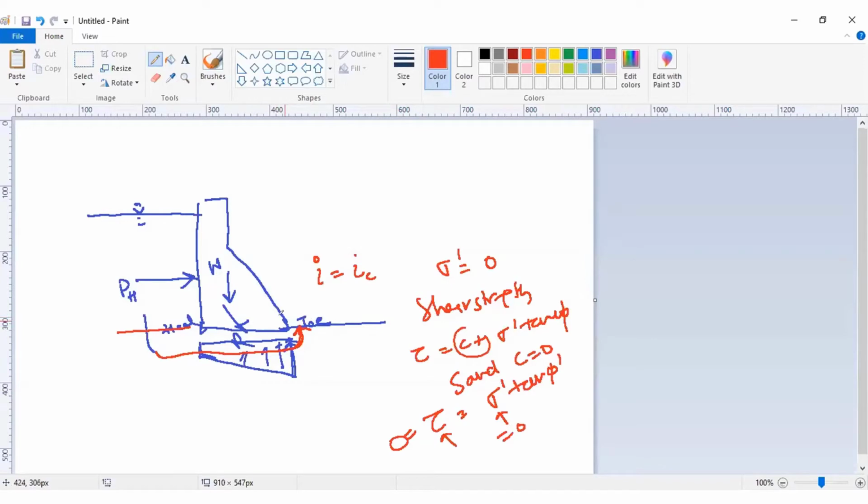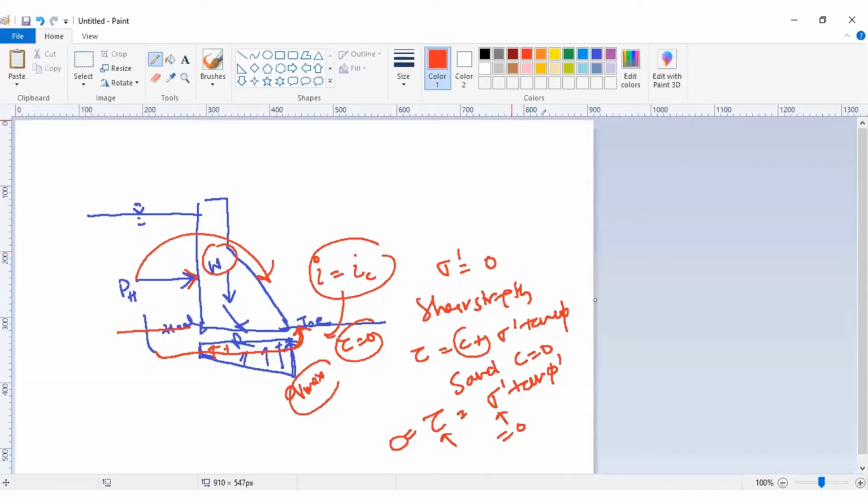So you can see the situation here. At the downstream end, there is a huge stress because of the weight and the hydrostatic pressure of the water. But when this condition is achieved, the shear strength of the soil becomes zero. So the soil has no strength to take this much stress. So finally what will happen? The dam will collapse and you will not be able to stop this collapse.